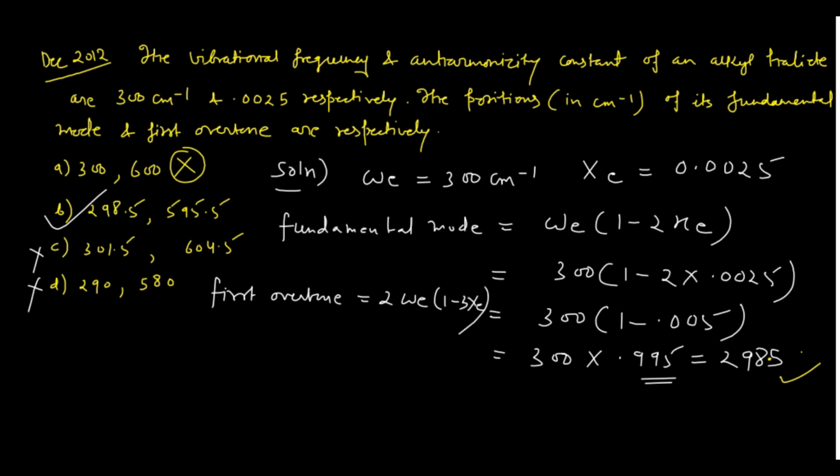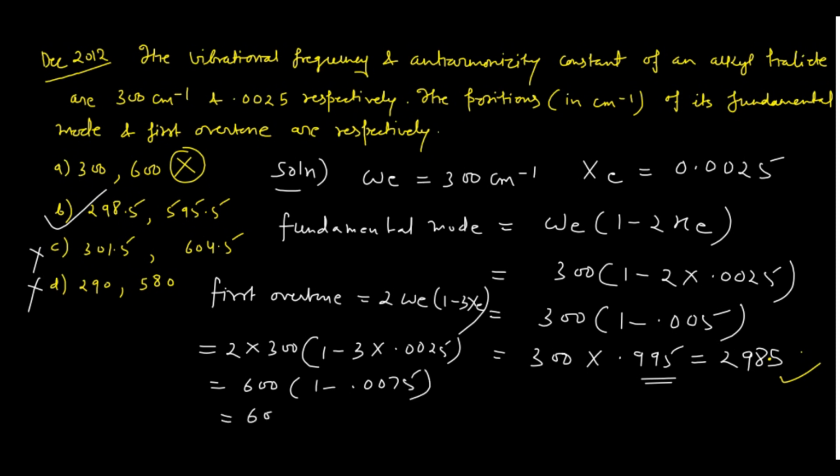Then you can put the values: 2 into 300 times 1 minus 3 times 0.0025. 300 into 2 is 600, times 1 minus 0.0075, that is 600 times 0.9925, and that will give you 595.5, right?